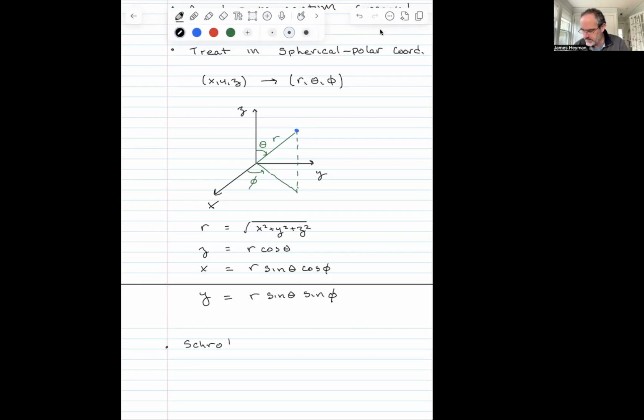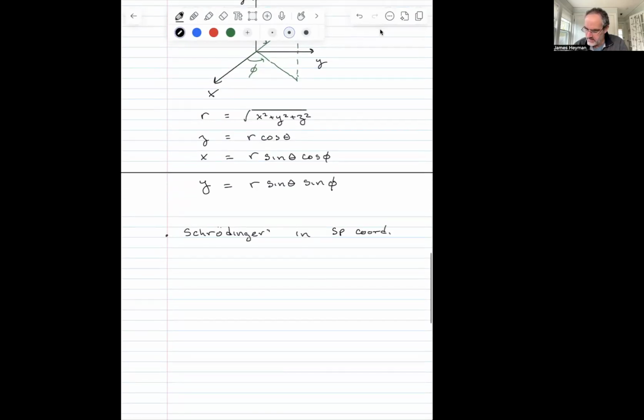And once we've set up our coordinates, then it's straightforward, at least in principle, to write down Schrodinger's equation in these new coordinates. So Schrodinger's equation, which previously looked like this, contained this term, del squared psi, as the second derivative with respect to x of psi plus the second derivative with respect to y of psi and the second derivative with respect to z of psi.